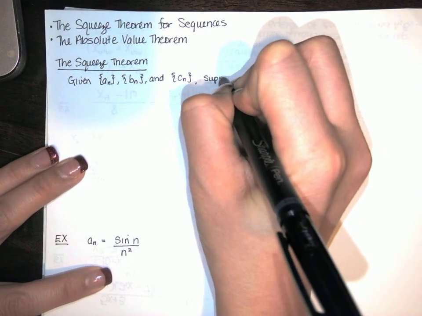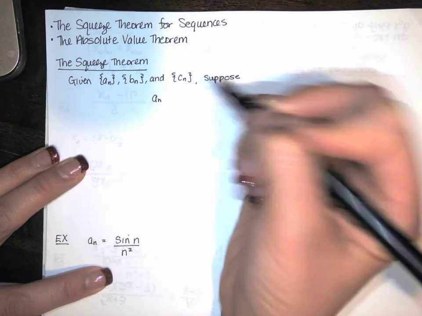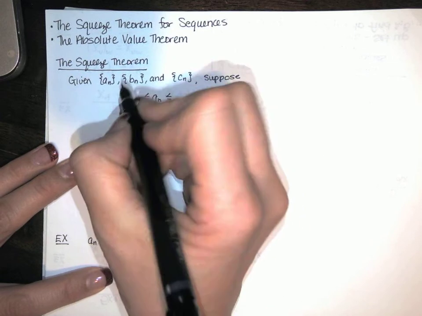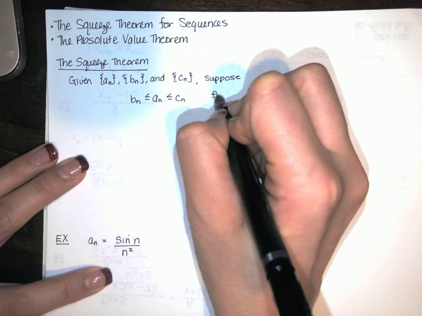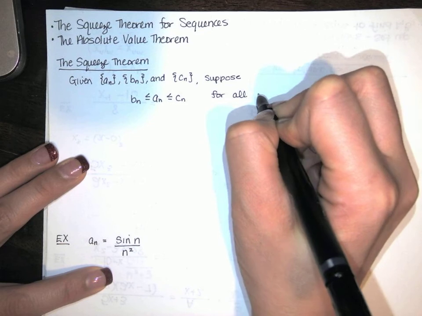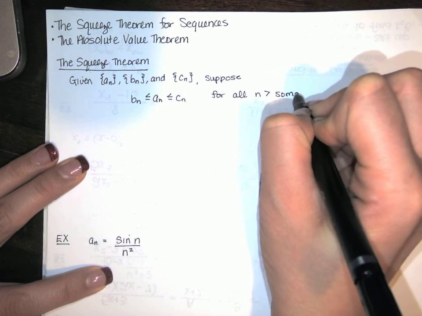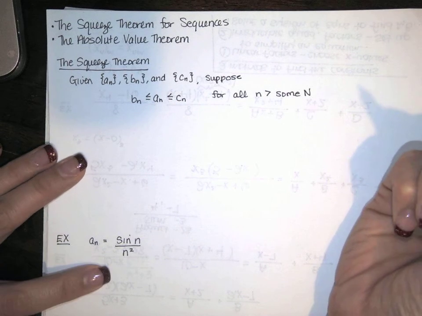Let's say that A sub n, the sequence we're interested in, has values that are in between the values of B sub n and C sub n for all n greater than some particular n. I'm going to use capital N for that particular n.